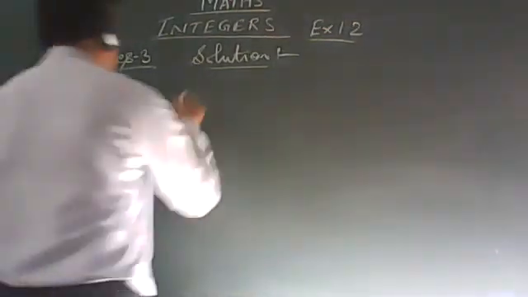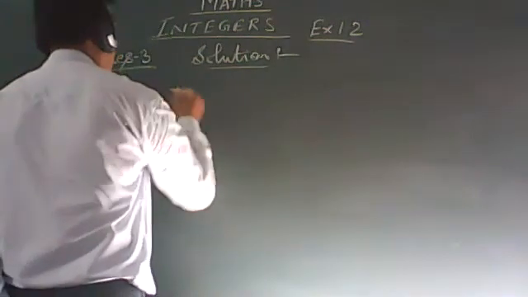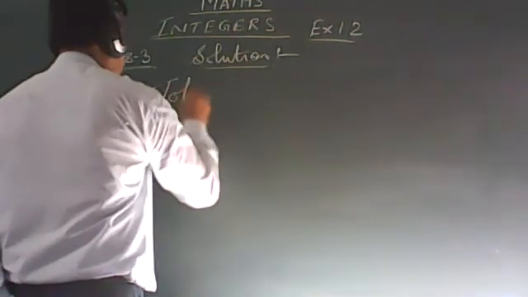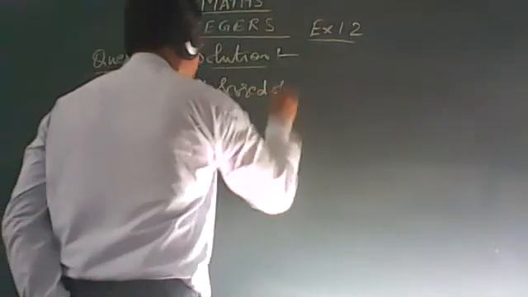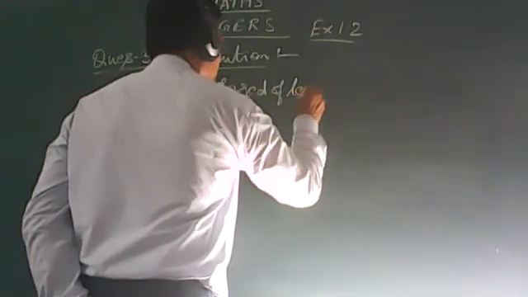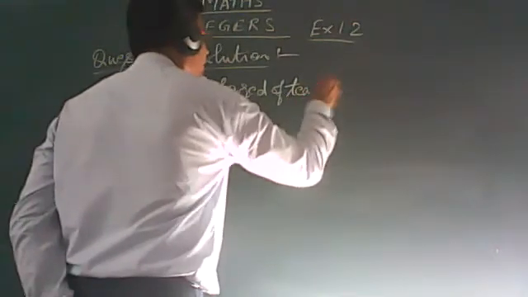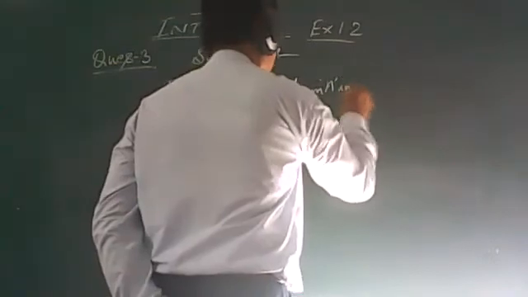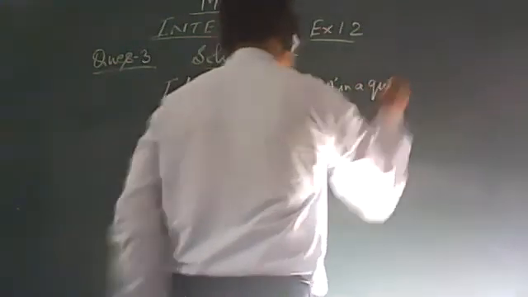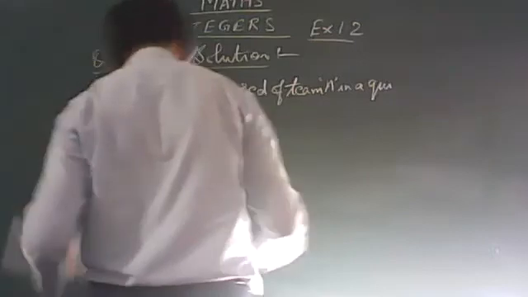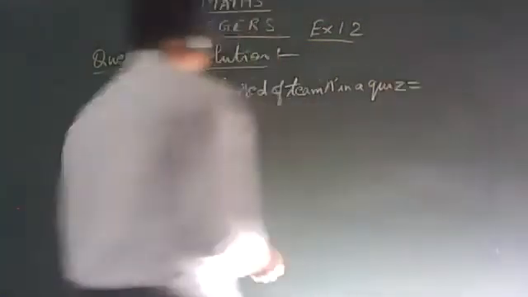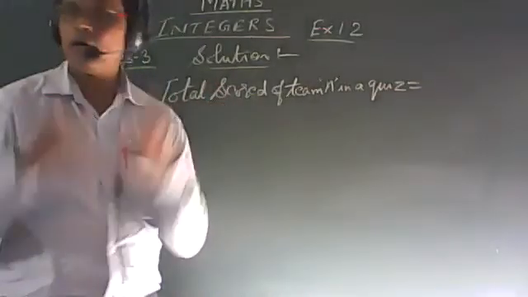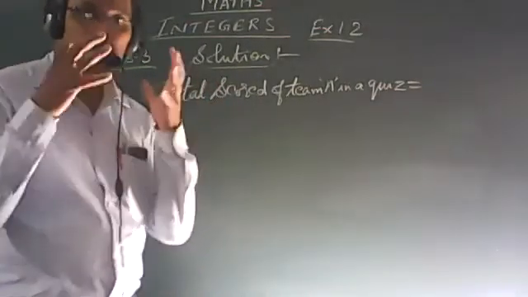I will write the statement: total score of team A in a quiz equals. Now, for the total score we always take the sum of the numbers.